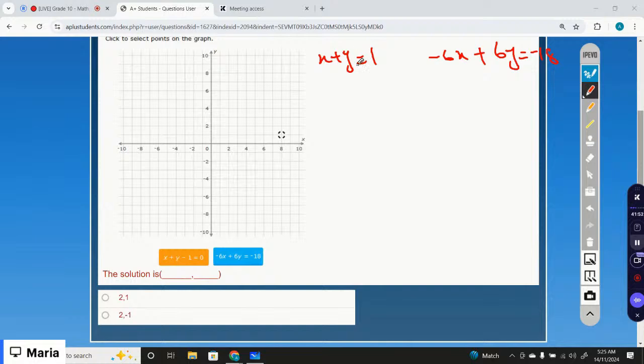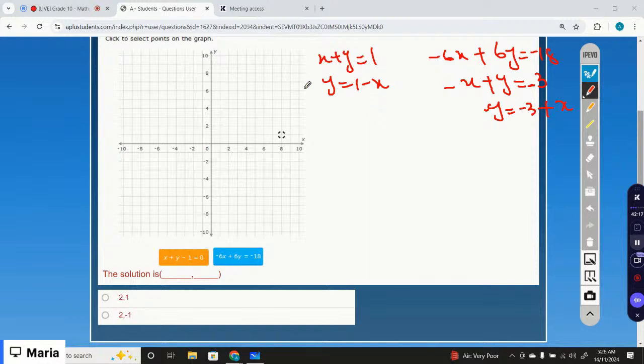x plus y is 4. y equals 1 minus x. Divide this equation by negative 6. x minus y equals 3. Negative x plus y equals negative 3. y equals negative 3 plus x.